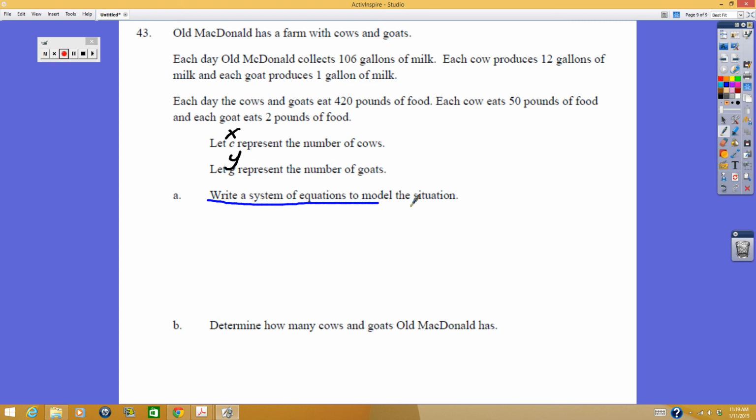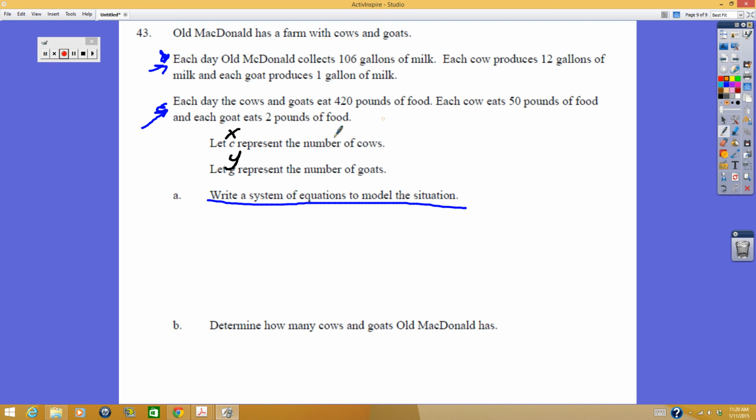So write a system of equations to model the situation. They kind of separated this into two things, so my mind is thinking that I need an equation for this and an equation for that. Each day Old MacDonald collects 106 gallons of milk. Each cow produces 12 gallons of milk, and each goat produces 1 gallon of milk.